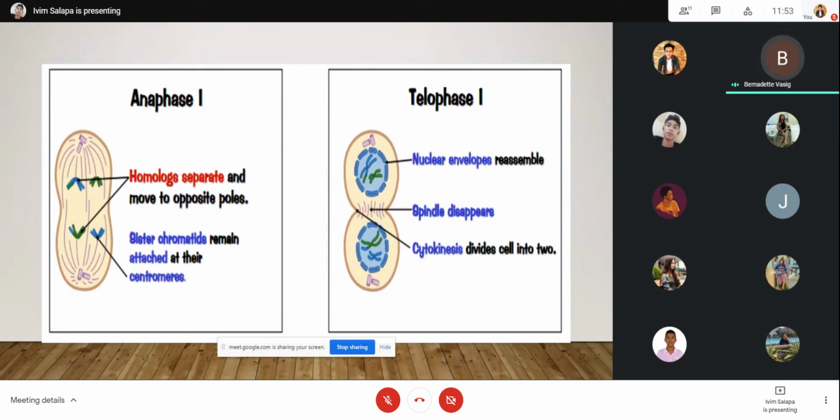Second assignment: instead of pasting, you can still paste the figures, but I want you to tabulate the difference between the three processes. Katong prophase, TMAT sa mitosis, meiosis 1, ug meiosis 2. Okay, unsa ilang mga kalahian i-tabulate.